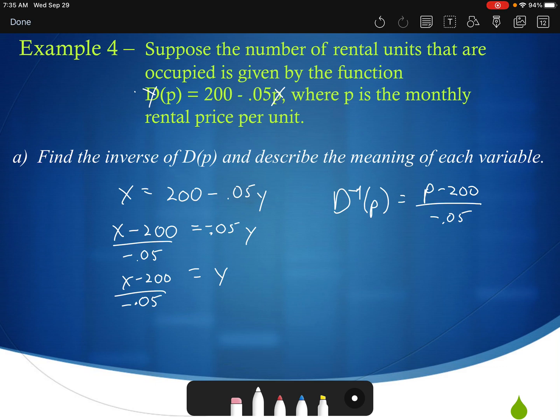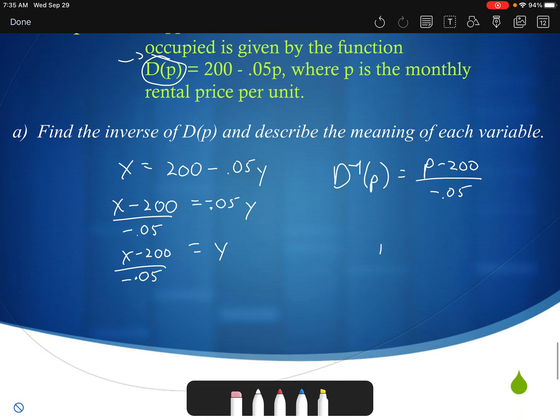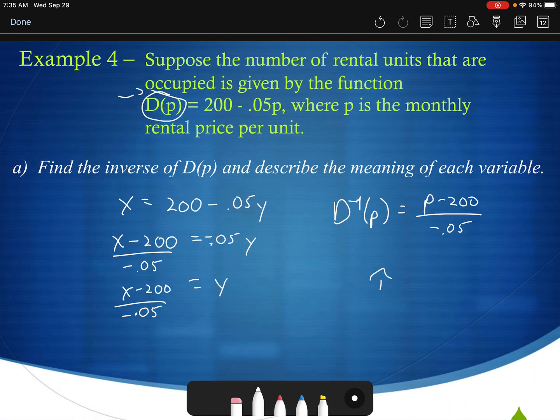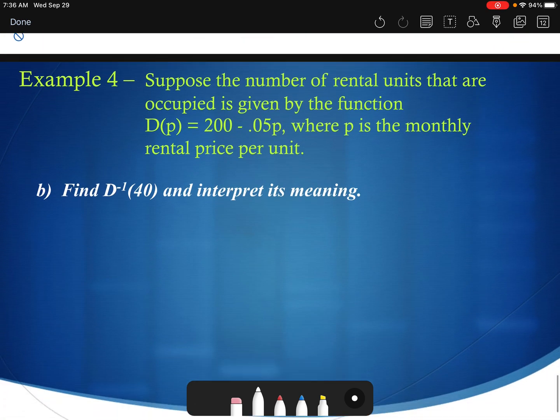Well, in the original, whatever the price is, that's the demand of the rental units that are occupied, depending on the price. When we're talking about the inverse, this aspect is the price and this is the demand, because we switched x and y.